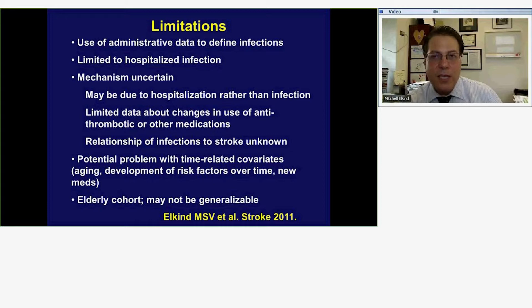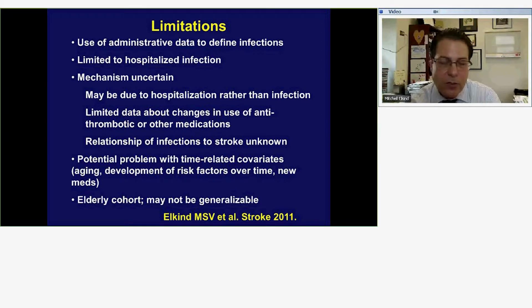And there are several limitations, of course, to the kind of analysis I showed you. We used administrative data, ICD-9 codes, to define these infections, and this was limited to the hospitalized infections. As I said, the mechanism is really uncertain. It could just be that when you're hospitalized for anything, there's an increase in risk. We did actually look at surgical hospitalizations as well, and we didn't find the same association there.